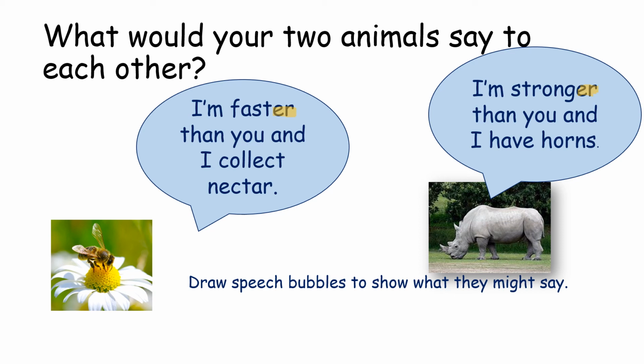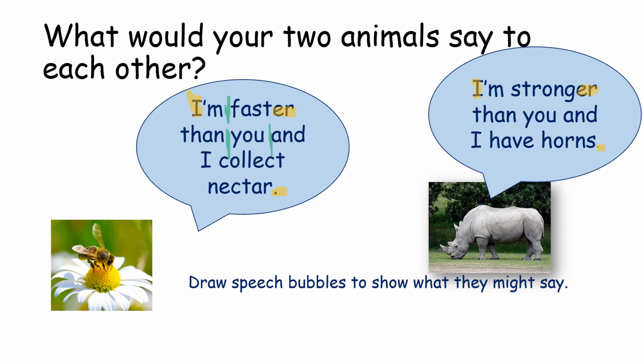So let's just look at some things that we need to make sure we're including in our sentences. I've got here at the top my capital letter for the beginning of the sentence, and here capital I there at the beginning of the sentence. I've got some nice finger spaces in between all my words, and I've got my full stop at the end.